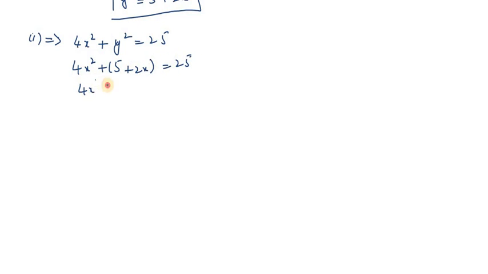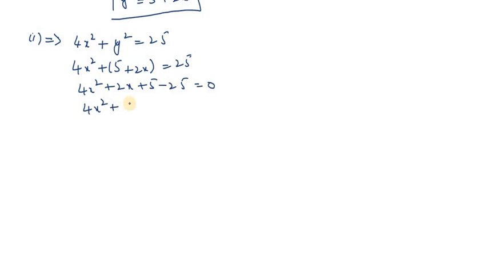So here we put the value of y square in equation number 1. Equation number 1 implies 4x square plus y square is equals to 25, then 4x square plus 5 plus 2x, the value of y square, is equals to 25. 4x square plus 2x plus 5 minus 25 is equals to 0.